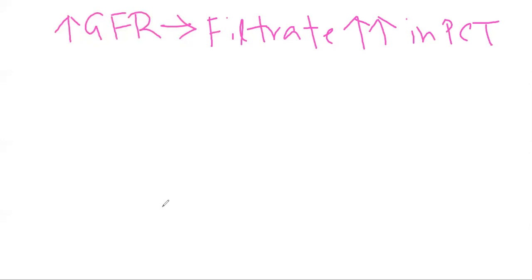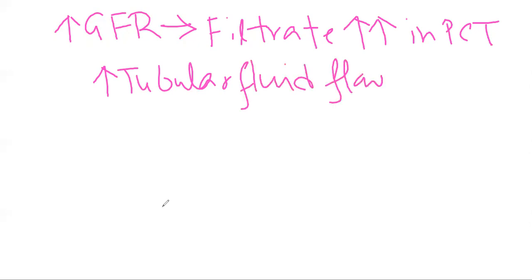Similarly, when increased filtrate is present in the proximal convoluted tubule, there will be an increased tubular fluid flow rate as a result of increased GFR. The proximal convoluted tubule, which has a specific mechanism for absorbing solutes and water via the glomerulotubular balance mechanism, will simply fail.